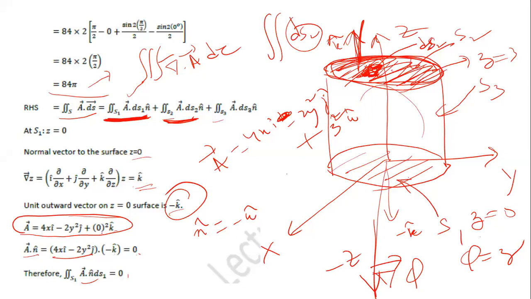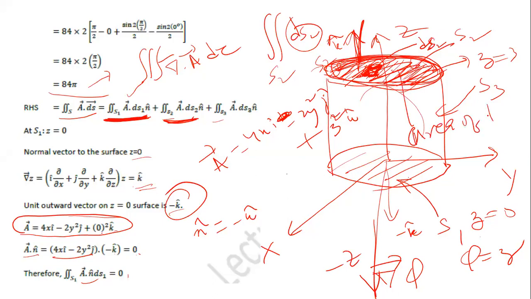So ds2 is a small area element. If you are going to perform the integration over this S2, which is the circular surface, that means you are summing this area element over this circular surface. If you do that, then finally what you're going to have is the area of the circle, right?